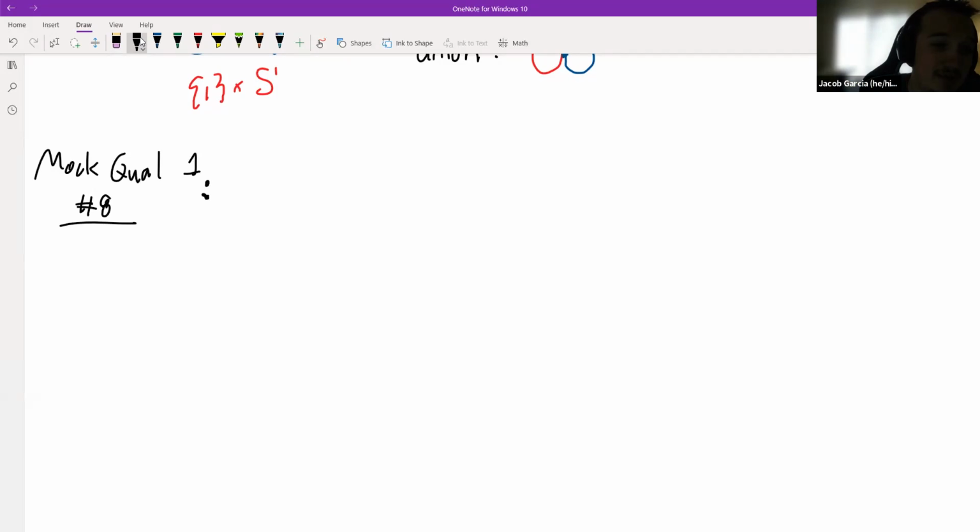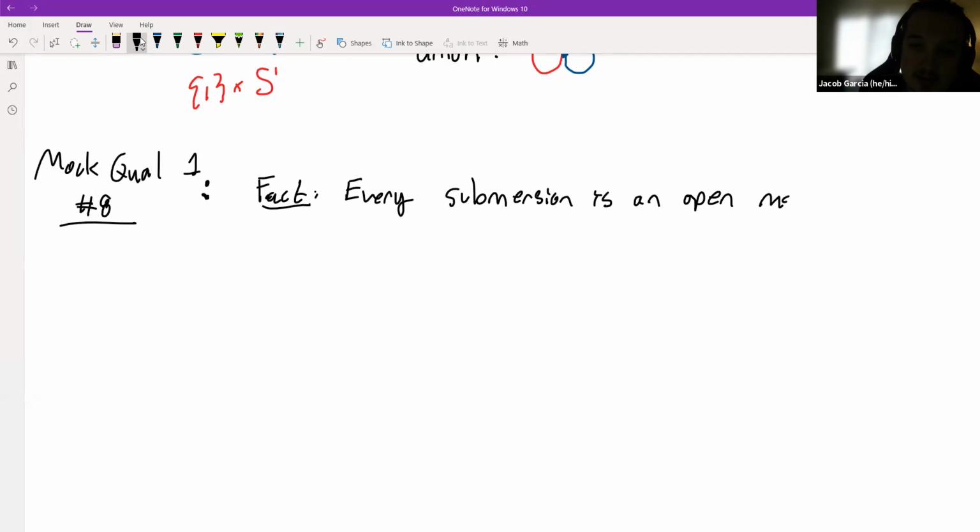So the fact that you need is that every submersion is an open map. And then once you have this fact, the rest of the argument is quite nice.